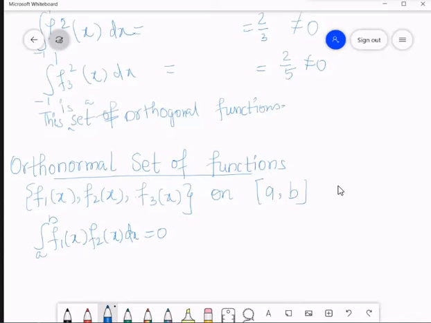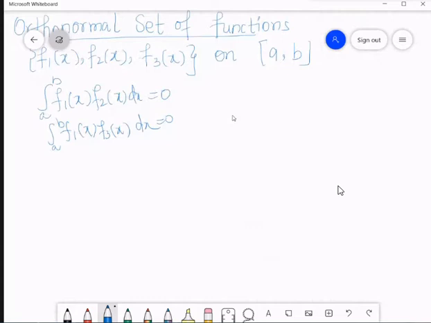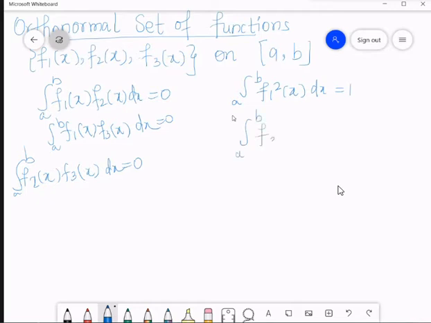Okay, so this part is the same. The integral from a to b of f1(x) f2(x), f1(x) f3(x), f2(x) f3(x) dx, if each of these is 0. And here we have the integral from a to b of f1 square equal to 1.